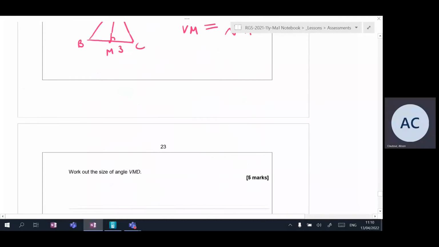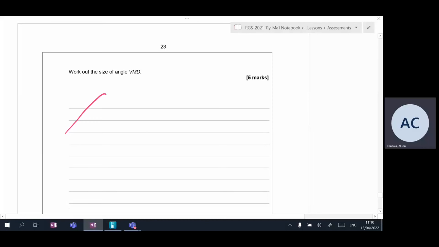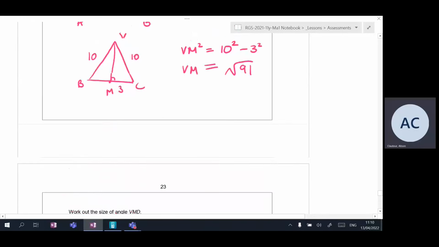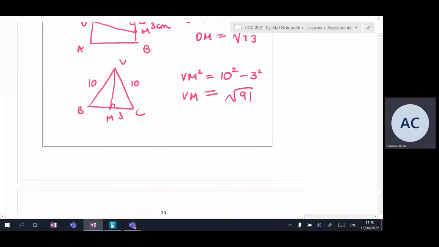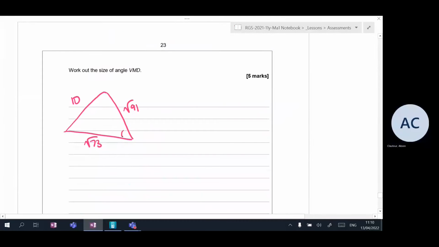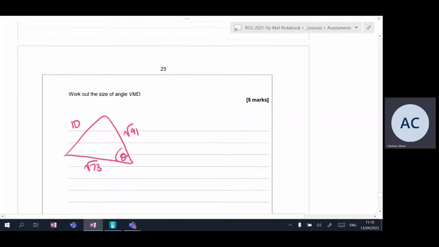Okay, so if we draw that triangle out flat as well, we had 10, root 91, and root 73. Just double checking those. And then this is the angle we're trying to find. So we can now use the cosine rule to work that out.